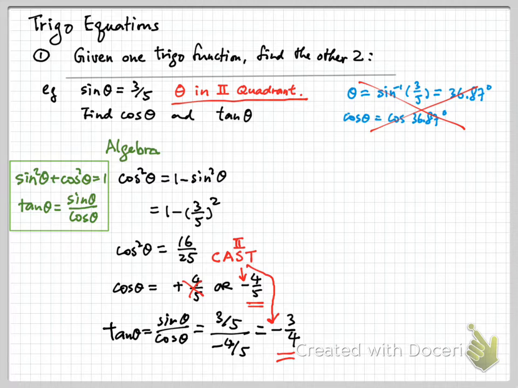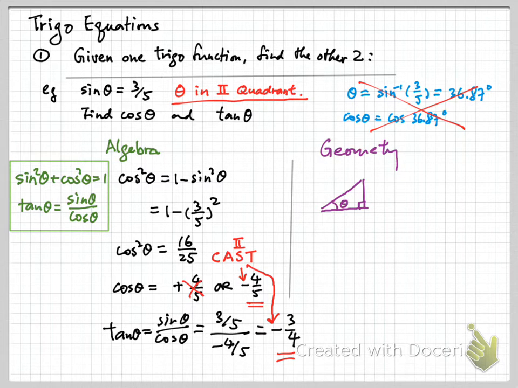There's another method. We can do it with geometry. We use a right angle triangle. Alright, when sine theta is 3/5, it says theta is second quadrant, but in this geometry method, never mind.